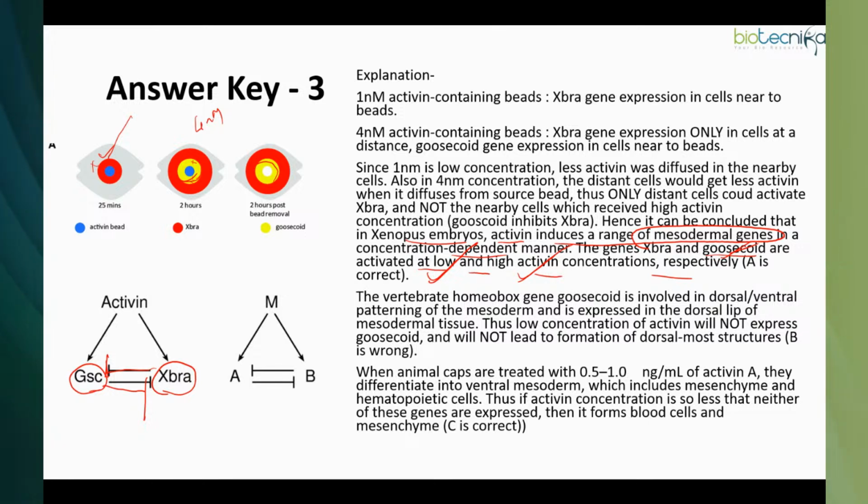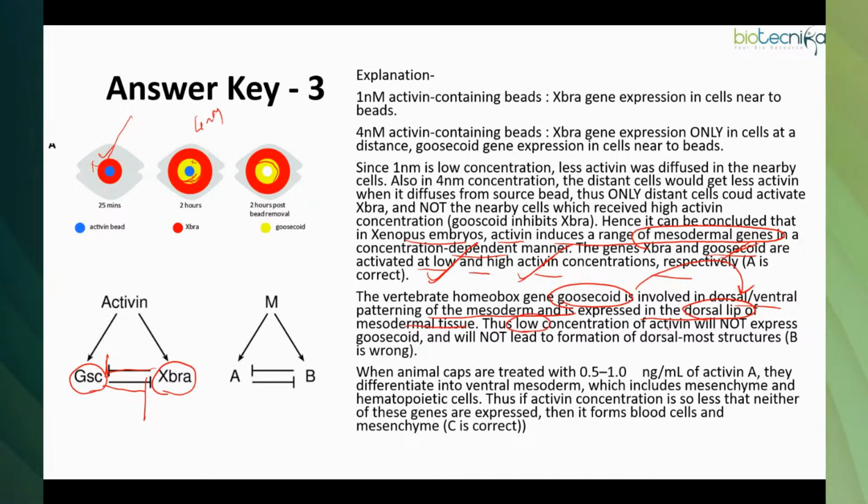Now I mentioned to you, you should be clear of what goosecoid and XBRA do. So goosecoid is very much involved in the dorsal specification. This is a homeobox gene. It is involved in dorsal ventral patterning of the mesoderm, and it is expressed in the dorsal lip of the mesodermal tissue.